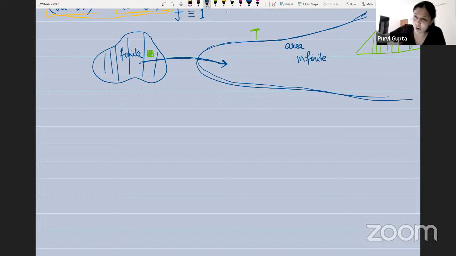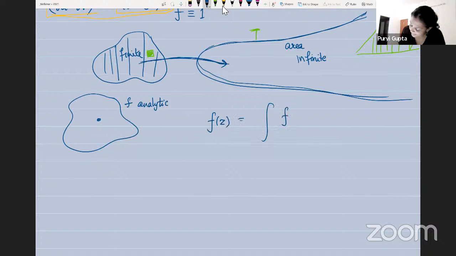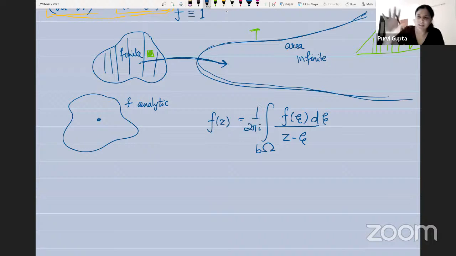I don't want to go on and on about it, but since somebody asked me this question, that result says that if you have something which is analytic in a region, then you can obtain its value in the interior by integrating that function along the boundary of this domain. And there is a 1 over 2 pi r. So this is just a side remark. If you don't understand what is going on, it's totally okay, but this is known as the Cauchy integral formula.